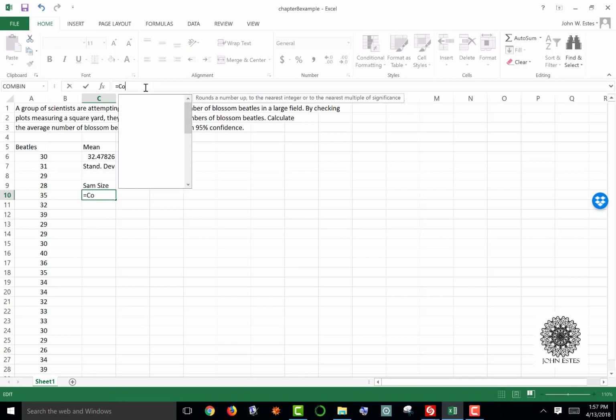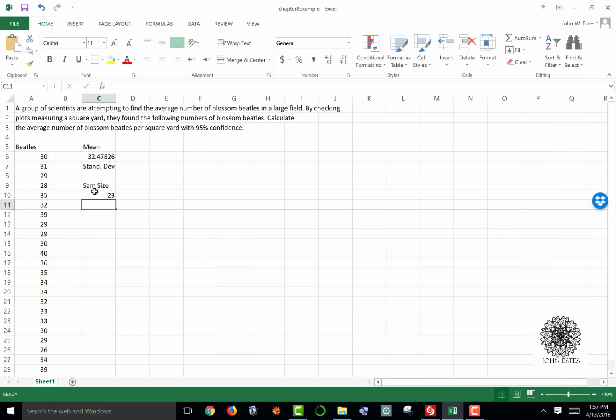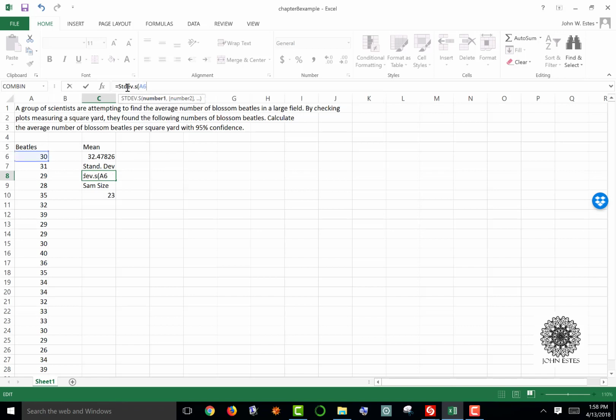So it'll be equal count A6 down to A28. So we have 23 things. Since I have less than 33 things, I think we're better off if we use sample standard deviation. So that's STDEV.S A6 to A28. And so there's my sample standard deviation that I'll have to use.